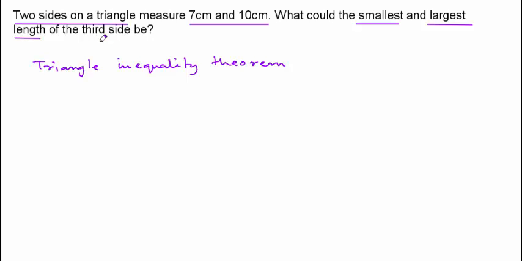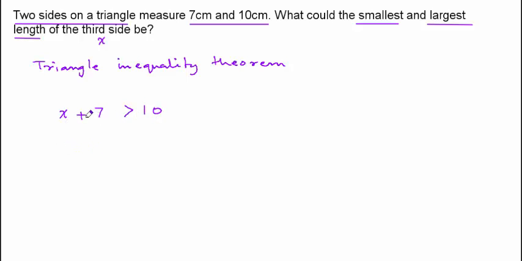So if you name the third side as x and imagine that to be the smallest side, obviously the largest side is the 10 centimeter side. And therefore we have x plus 7 is greater than 10. The sum of any two sides has to be greater than the third side.